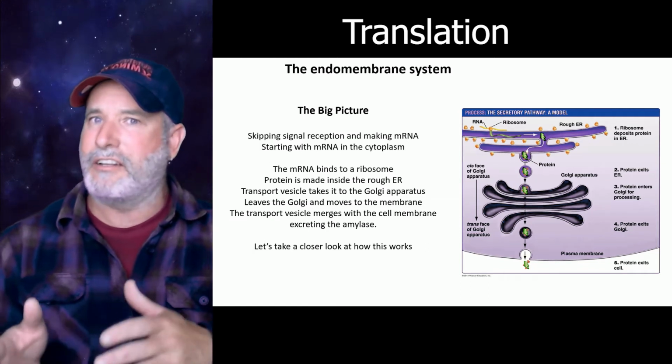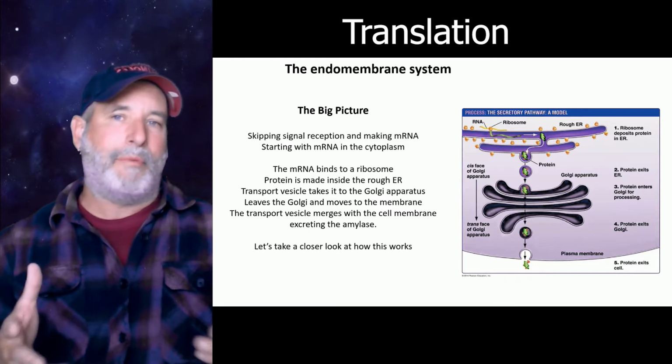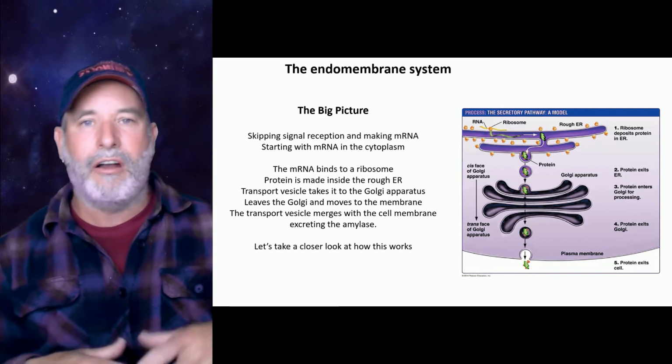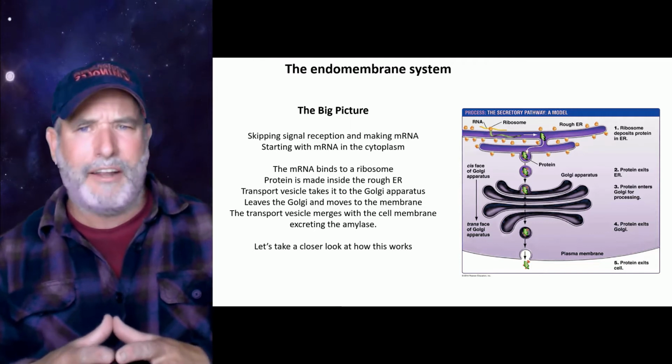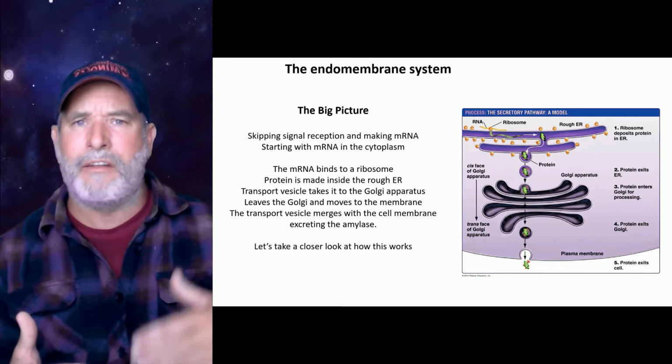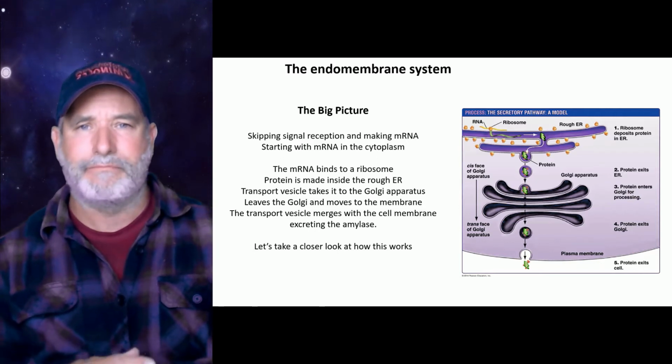Translation, like translating Spanish to English. You get the idea, right? And then what happens is you make a protein inside the rough ER. It gets into a transport vesicle, moves to the Golgi body where it's processed further, and then it leaves the Golgi body and then is exported to the outside of the cell. That's it in a nutshell.